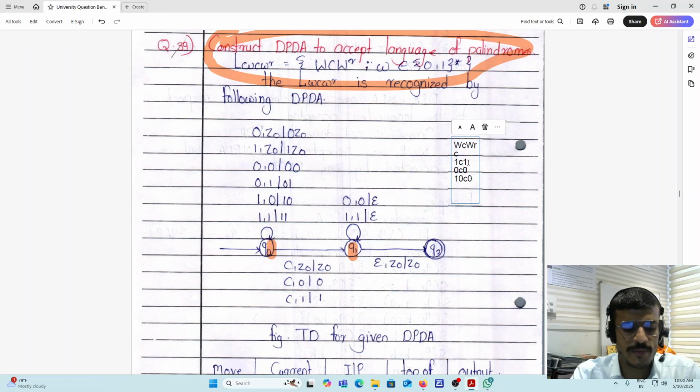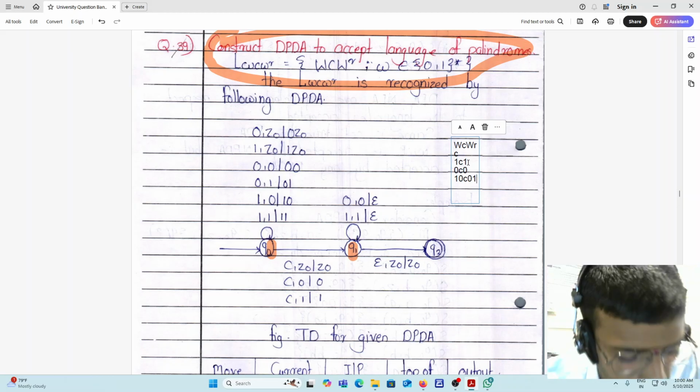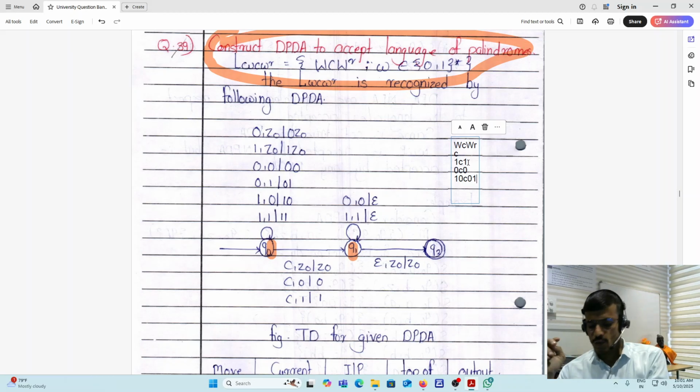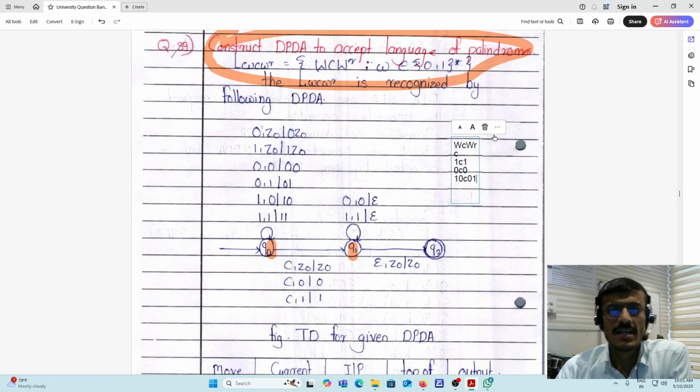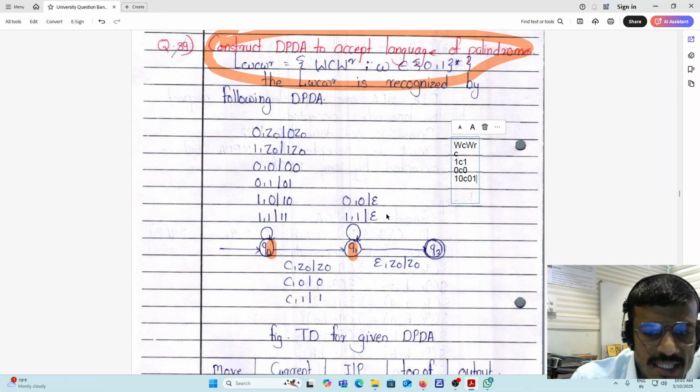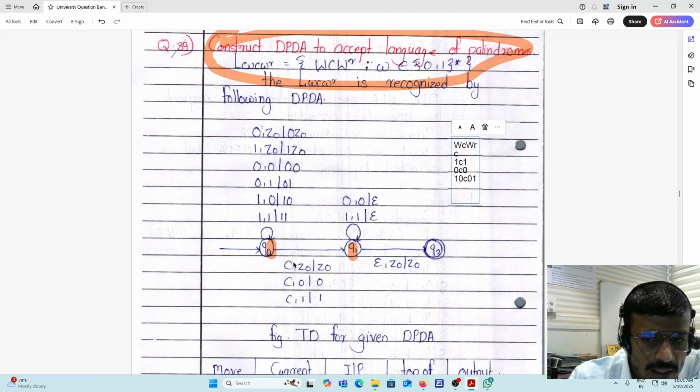Don't be confused with respect to the alphabet. So these strings should be accepted. The smallest string is C. Whenever you take C, it will be at Q0. The symbol which has to be read is C.